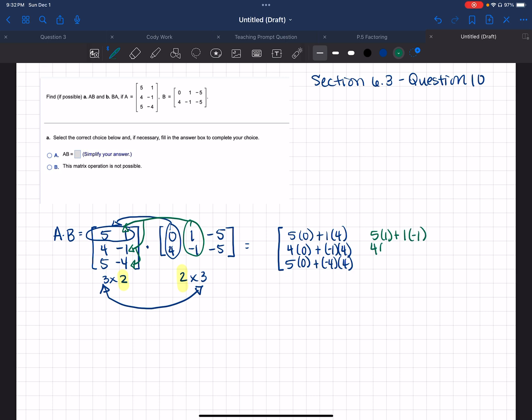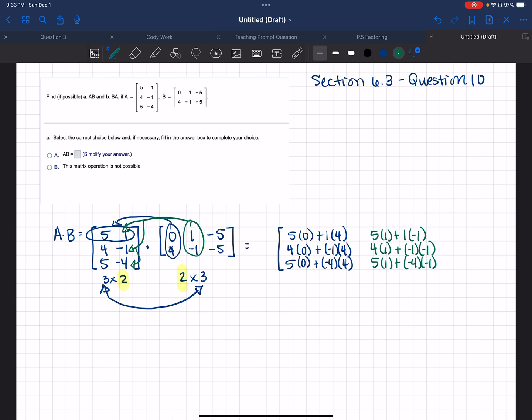Then I have 4 times 1 plus negative 1 times negative 1. Then I have 5 times 1 plus negative 4 times negative 1.